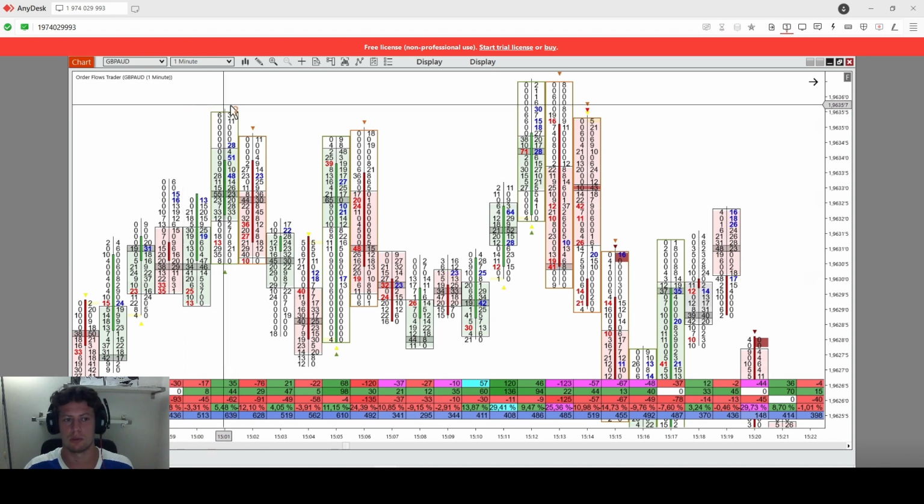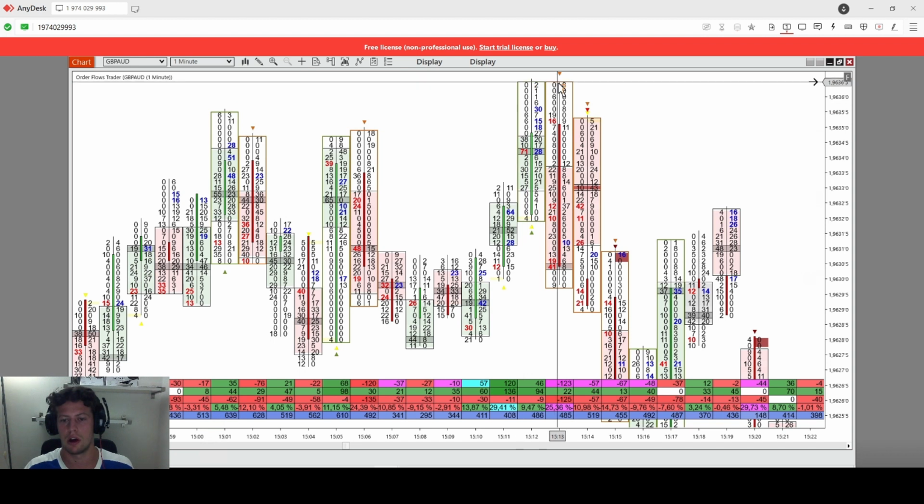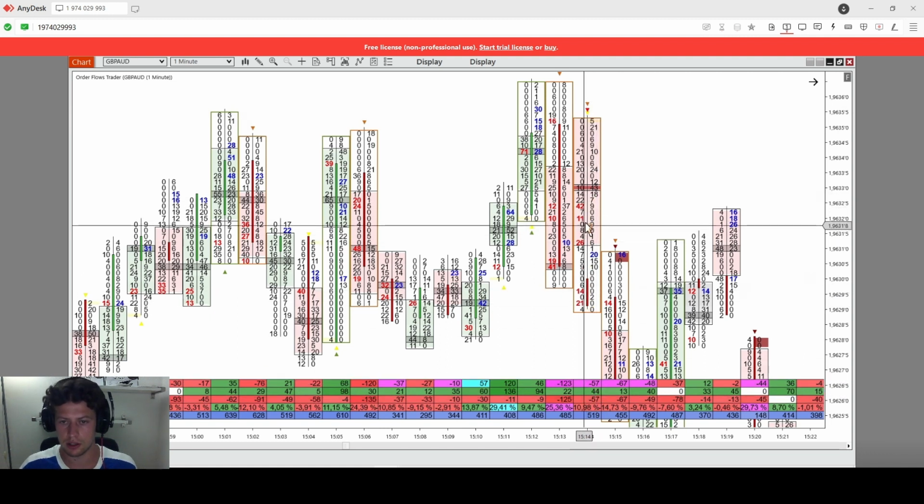So you have stop losses above here, you push it up, and a big red candle down. So no one wants to buy anymore. 100% negative delta, 1, 2, 3, 4, 5 imbalances.